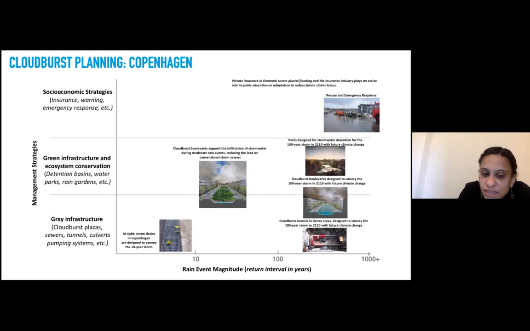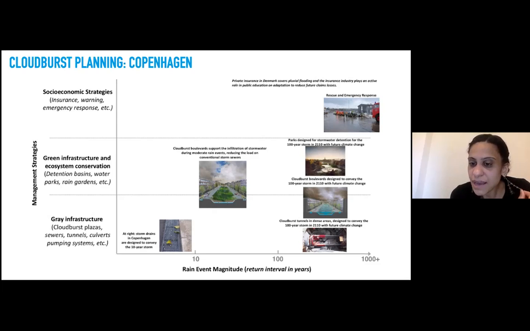Their storm sewer system is designed to convey the 10-year storm, but they're piloting these cloudburst boulevards, which, like the Phoenix reverse crown streets, are designed to support the infiltration of stormwater during moderate rain events and convey stormwater like a stream during more intense cloudburst events.